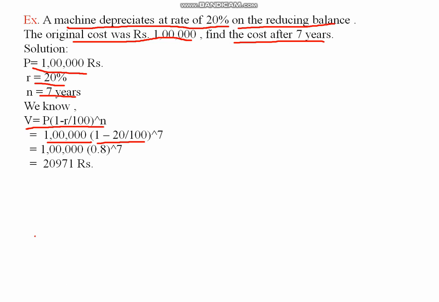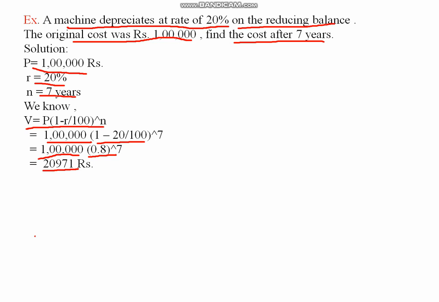Solve the bracket first. Here we get 0.8 raised to 7. To find 0.8 raised to 7, multiply 0.8 into 0.8 into 0.8, 7 times. You get 0.8 raised to 7, and multiply this term by 1 lakh.